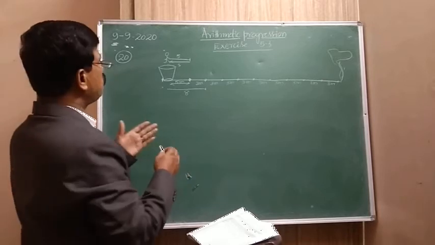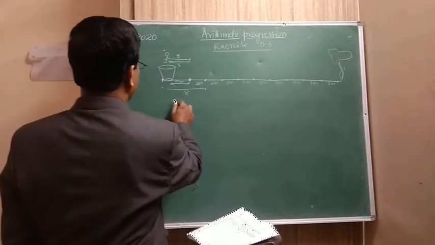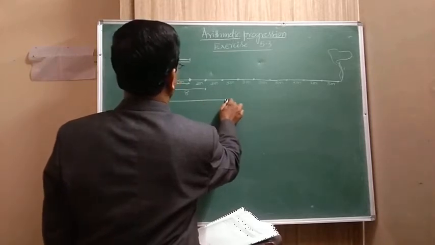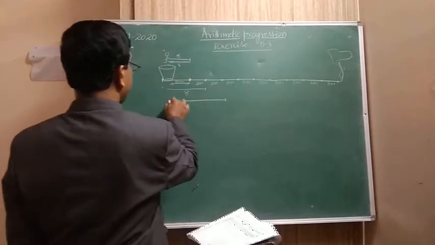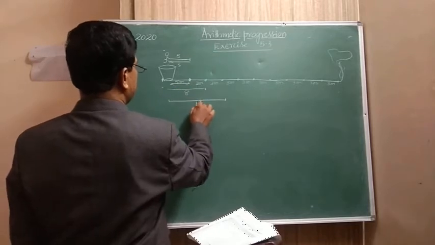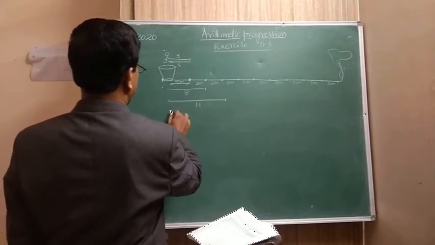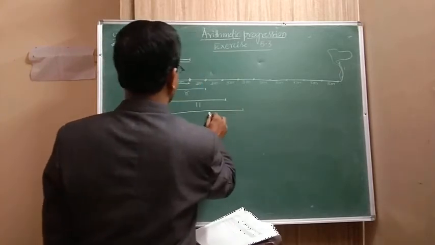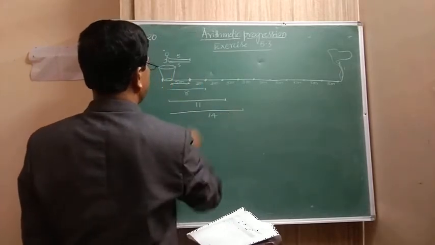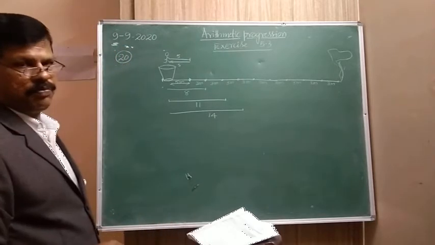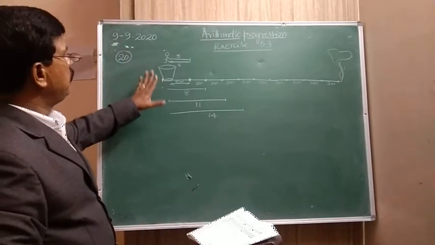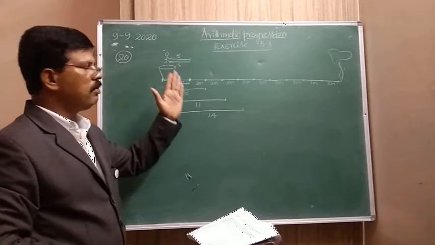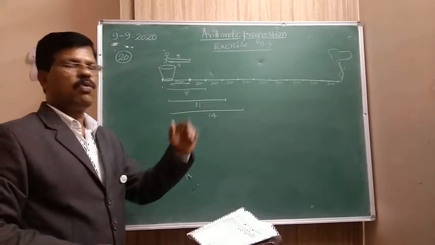Each time it goes on changing. Then next potato: 8 plus 3 is 11 meters, then again 11 plus 3, 14 meters, like this. Clear? See, this is one way: 5, 8, 11, 14. This is one way.